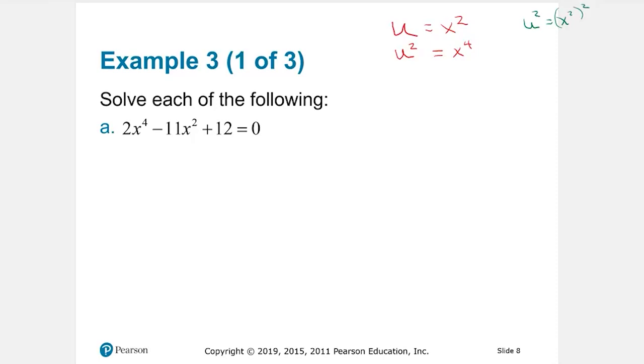So now what I'm going to do is I'm going to replace x to the 4th with U squared, because that's the same as x to the 4th, minus 11 U, because we said U is equal to x squared, plus 12 equals 0.